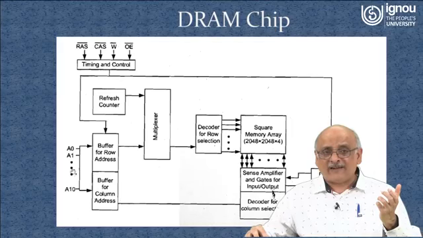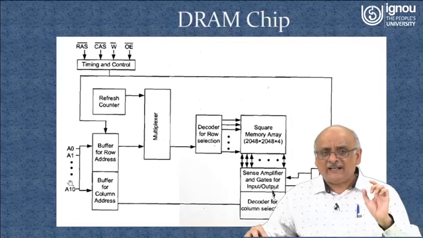Whatever address is available on A0 to A10, if the row address selection line, that is RAS prime, is selected, that means RAS equals 0, then the row addresses will be taken and through the multiplexer go to this decoder. Please note this is very important: these 11 bits will select one of the 2048 rows.